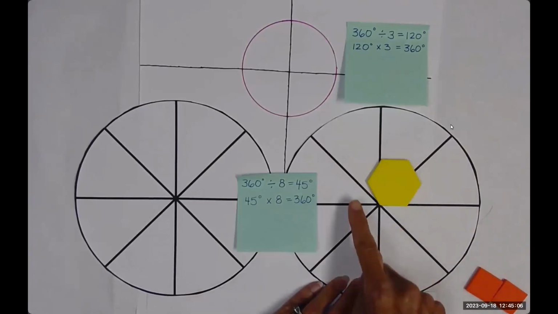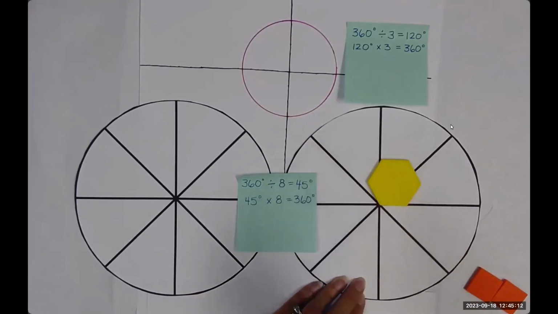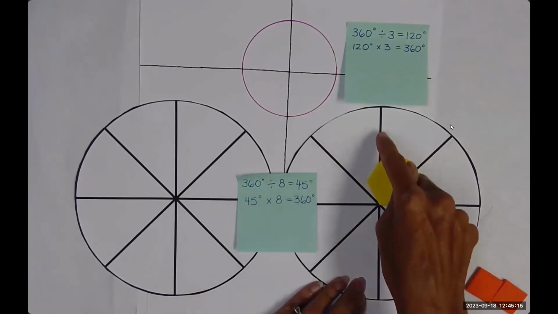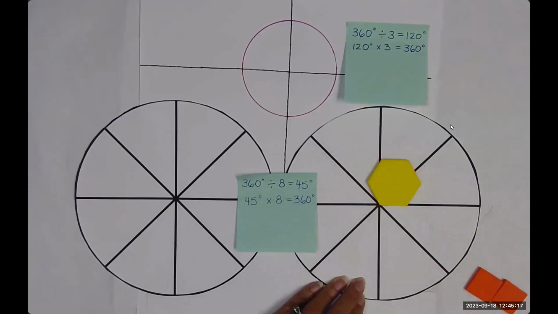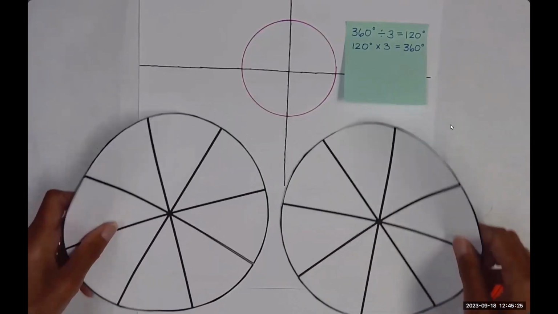So this is not 135 degrees quite yet. It is 120, but the students can estimate it's between 90 and 135. All right, so it's maybe about 120. Okay, so there's lots of ways partitioned circles can help.